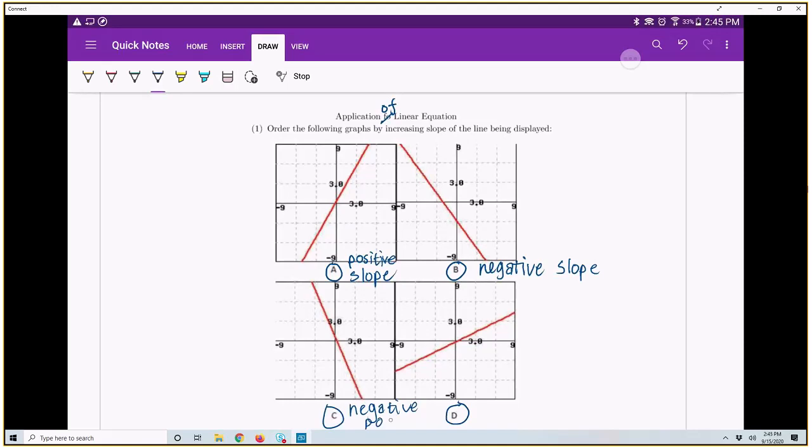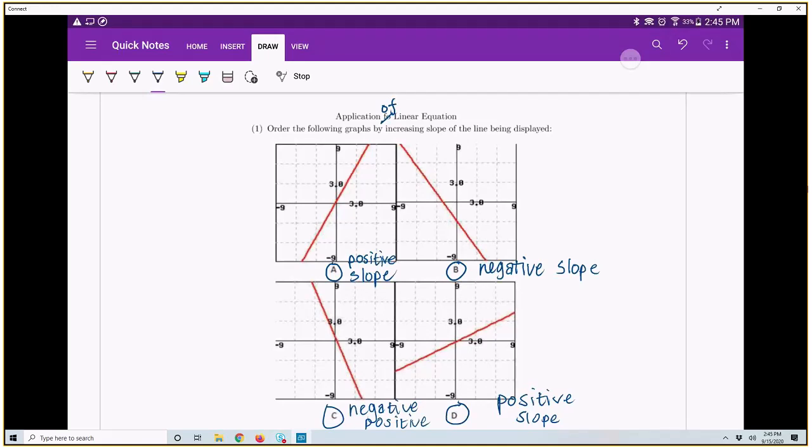So we already know that in terms of ordering them, A and D are going to have larger slope than B and C. There's one other factor that we can consider here, which is that the steepness of the line is related to how large the slope is.